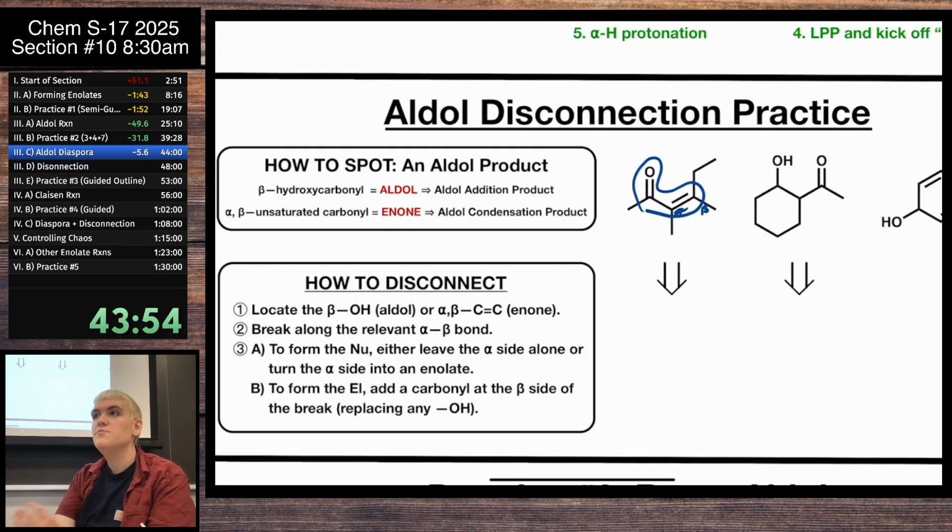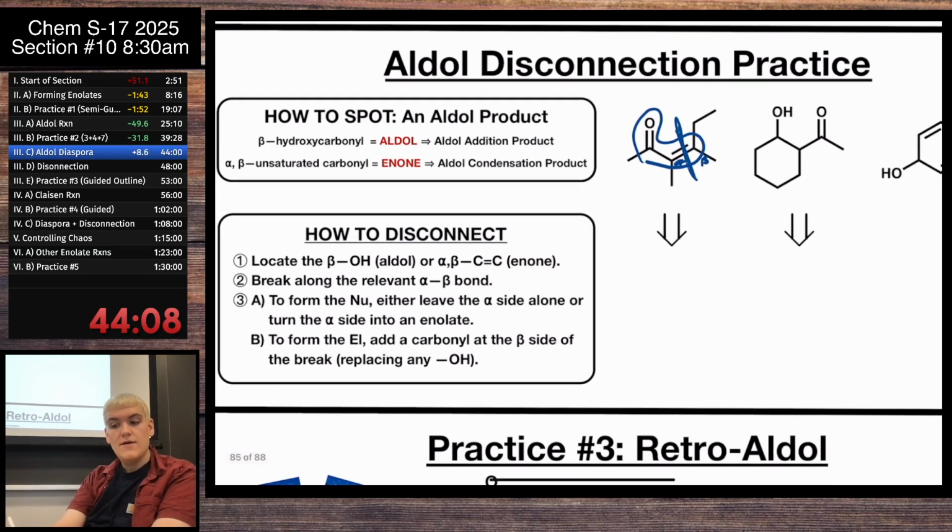And the key to breaking it is you know that the alpha carbon did the attack, right? So when we break, we are going to break between the alpha and beta position. Now the alpha side was the nucleophile. So on that side, we will have our enolate.